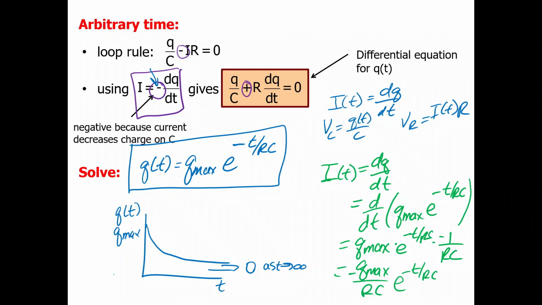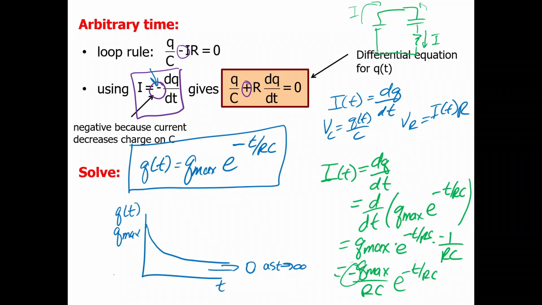Now that negative is coming from a very particular reason, and that's because the current has actually switched directions from when it was charging. So that's really where that negative comes from, that change in direction. Because going around that circuit initially, when it was charging, your current was going that way through the resistor and the capacitor, but when it discharges, it actually flips direction.